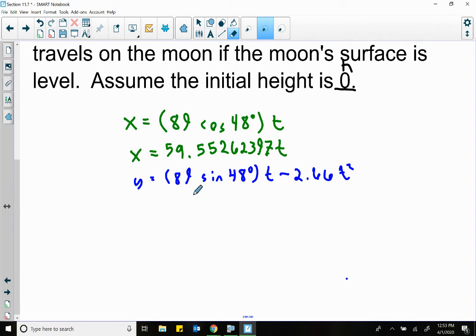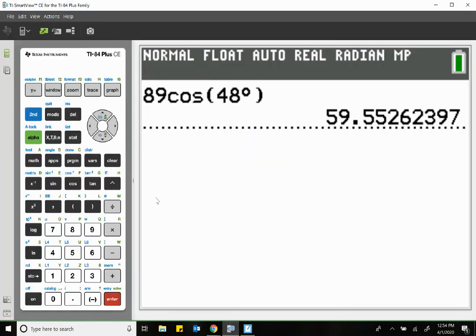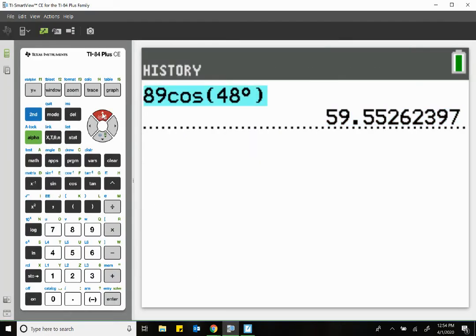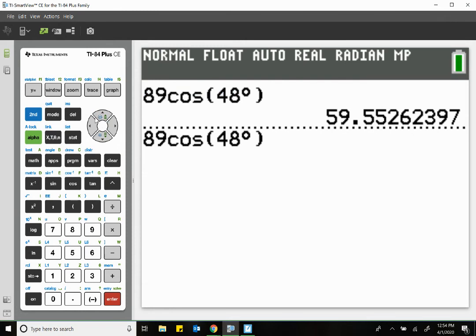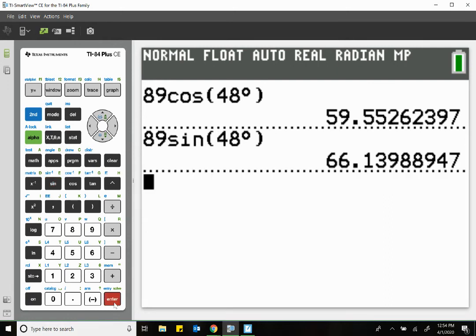So let's go ahead and figure out this 89 sine 48. Get that number. So I'm just going to go back up and grab this, because all I got to do is just change the cosine to sine. Okay? So there's our number, 66.13988947.